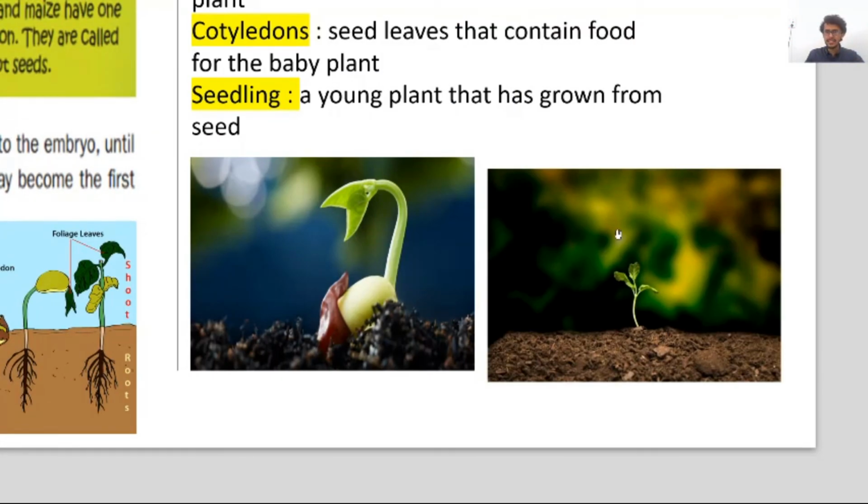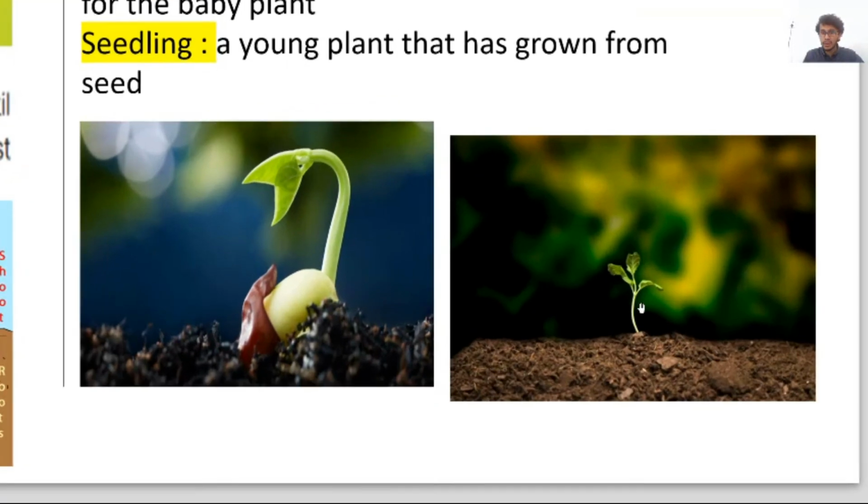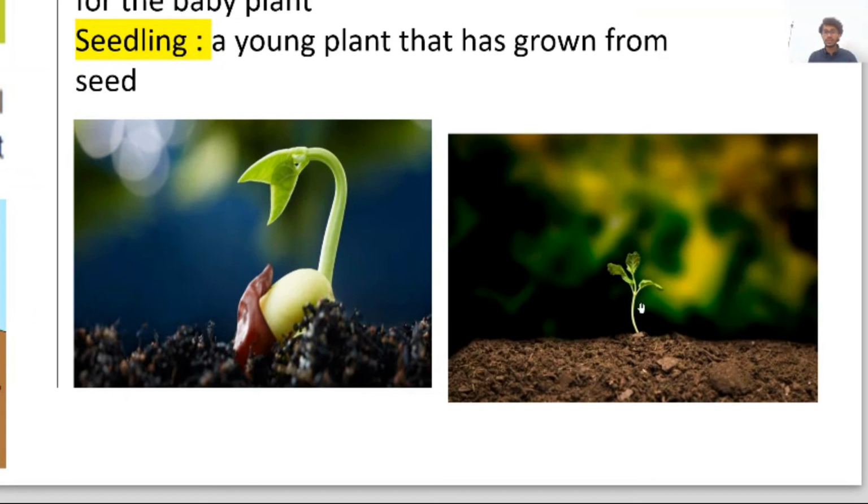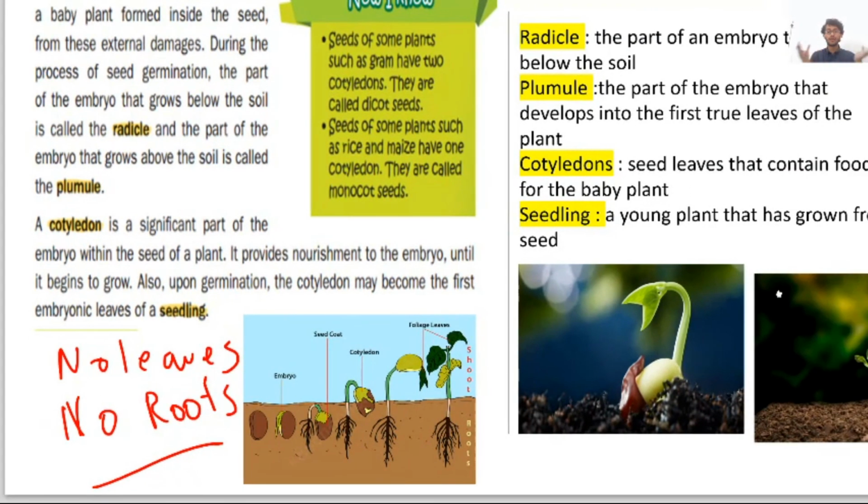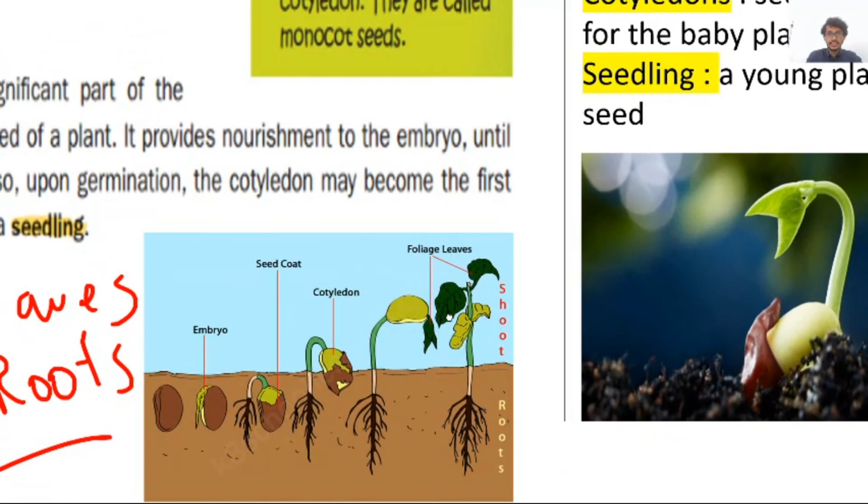This is a seedling, but it does not have any embryonic leaves, because they have fallen away. When the plant grows, the embryonic leaves fall away. There are no embryonic leaves left on the plant, only these true leaves.